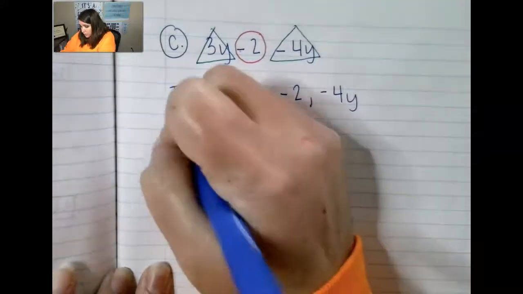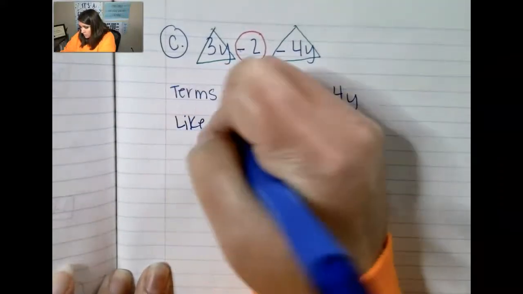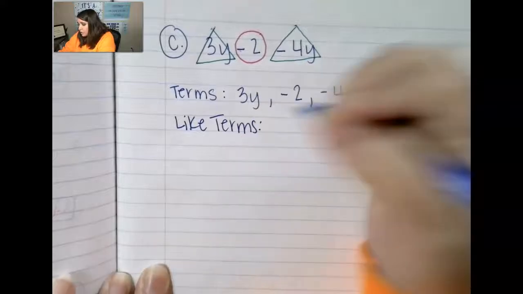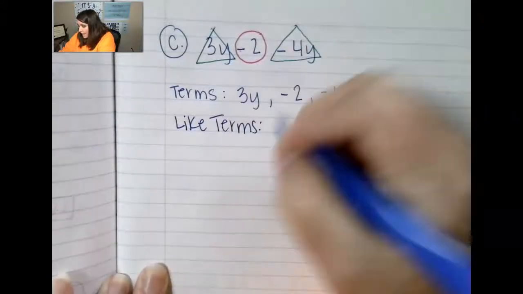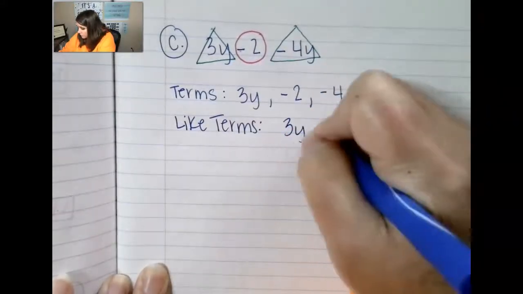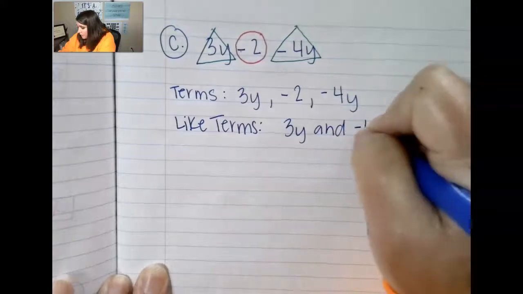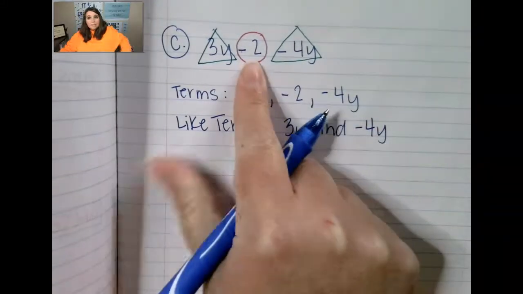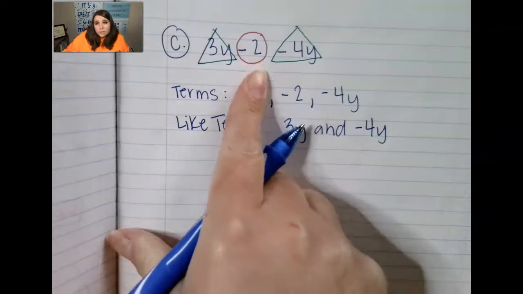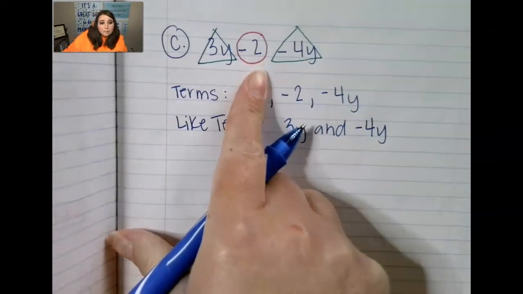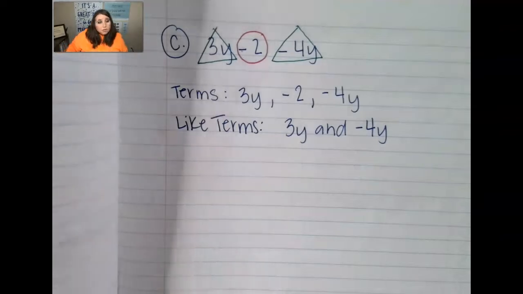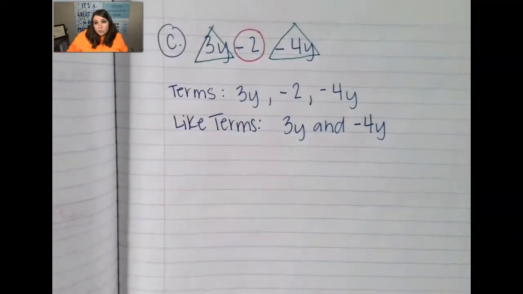But like terms, it only has one set of like terms, the 3y and negative 4y. Those are the same. This constant is all by itself, so we wouldn't need to worry about the constant. So we're just identifying the terms and the like terms.